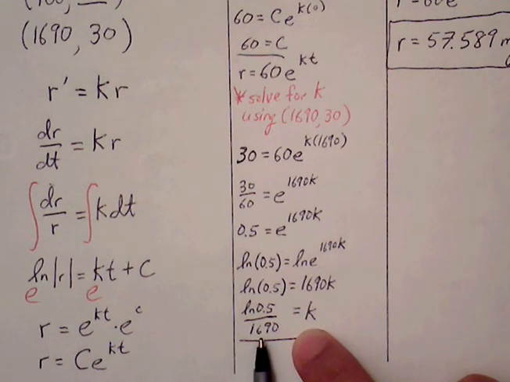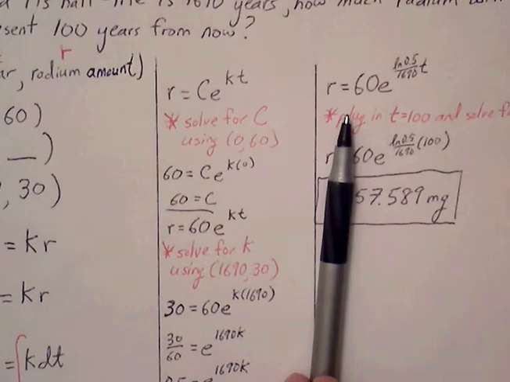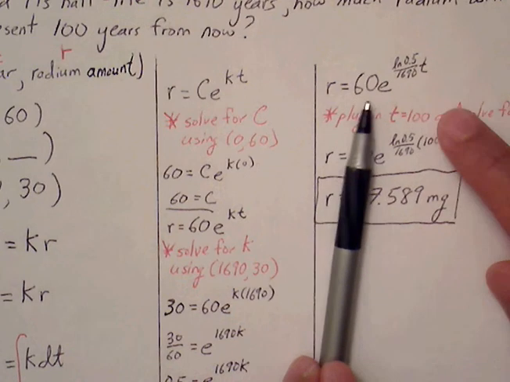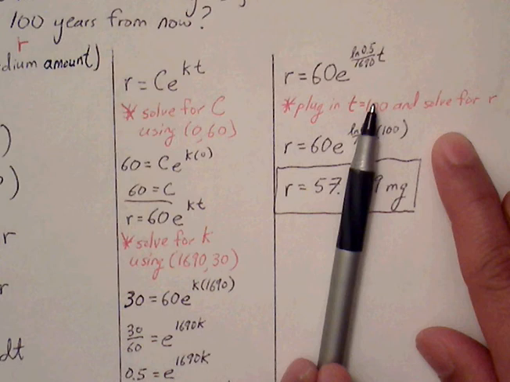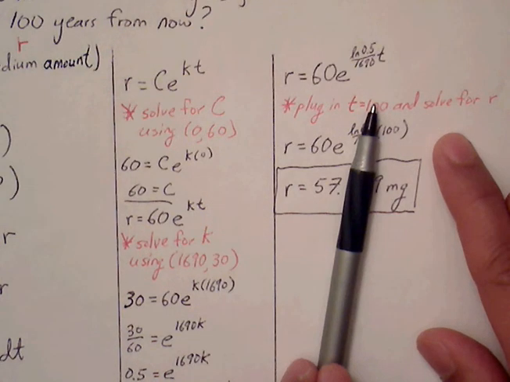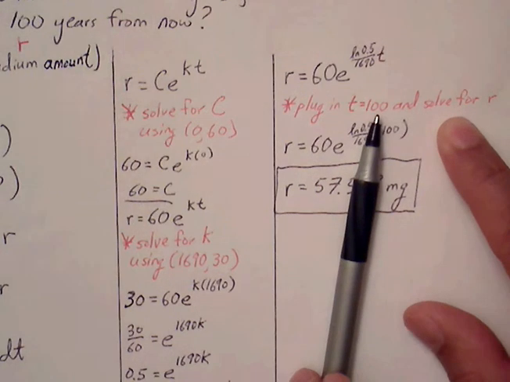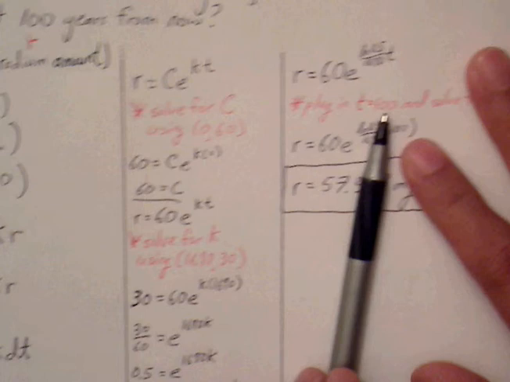Now let's look at our specific equation now that we have c and k found. So r is equal to 60e to the ln 0.5 divided by 1690 times t. So now we can plug in 100 for t and solve for r, because that's what we're looking for.